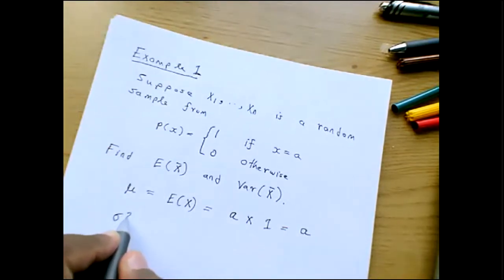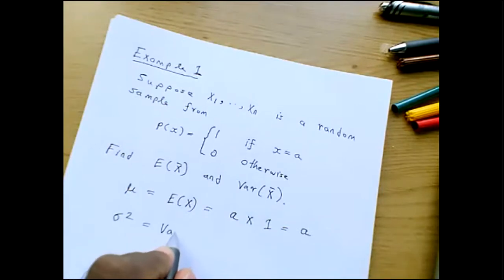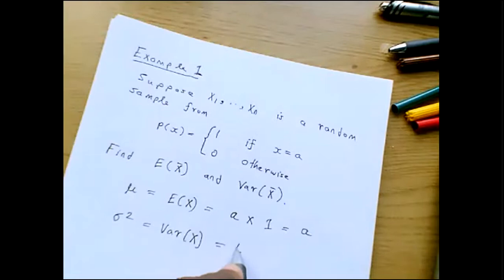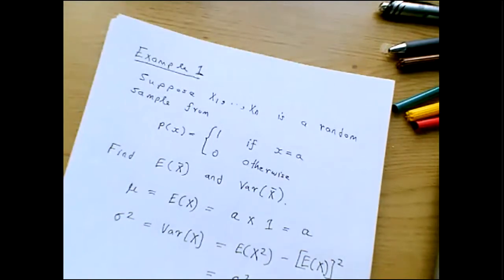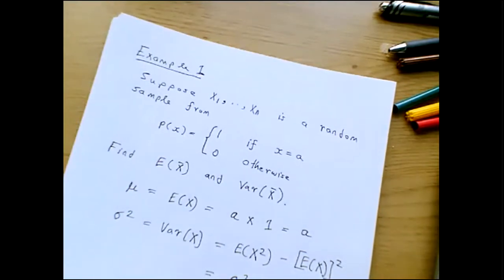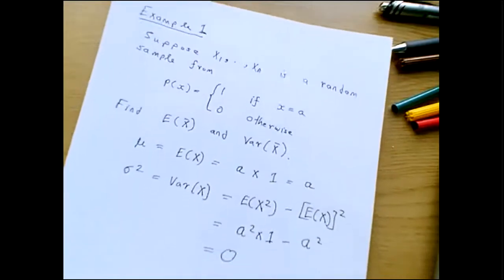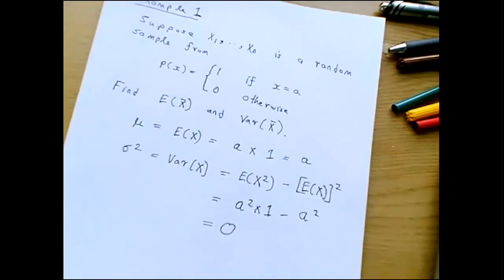And sigma squared is the variance of x, which is the expectation of x squared minus the square of the expectation. So this is going to be a squared times 1 minus a squared, which is 0. Can you follow me, guys?